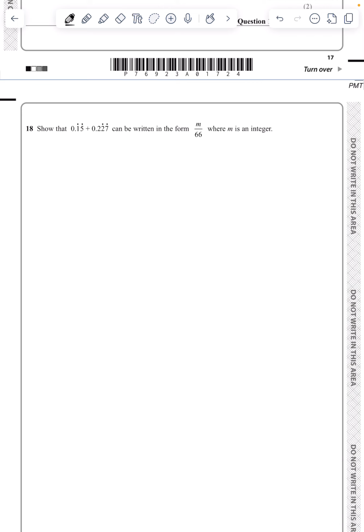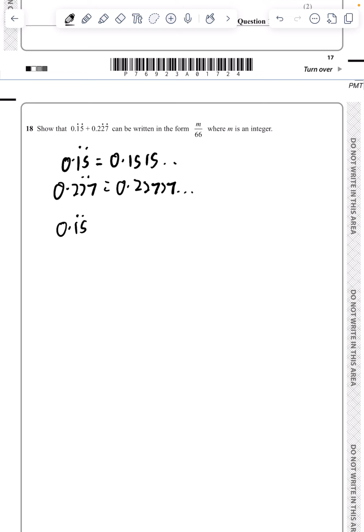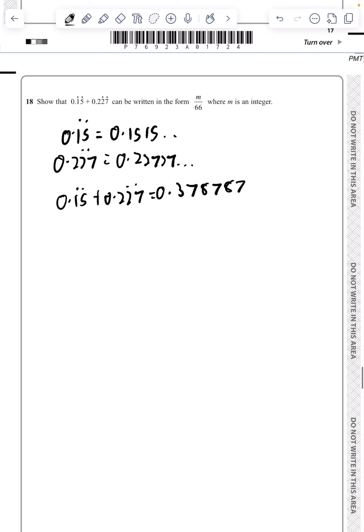Show it's in this. So just write out with lots of decimals first. 1, 5, etc. Same with this. Etc. And then when you add them, 0.378787, and so on.